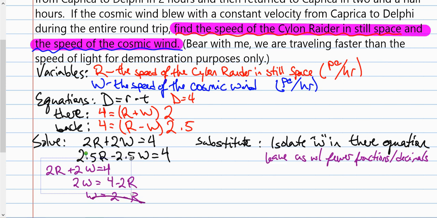So now I'm going to pick, oop, that's not what I wanted. My pen isn't oriented very nicely. So now I'm going to pick up this chunk and plug it into my other equation. So it's going to go right there. In a different color, 2.5R minus 2.5 times 2 minus R should give us 4.